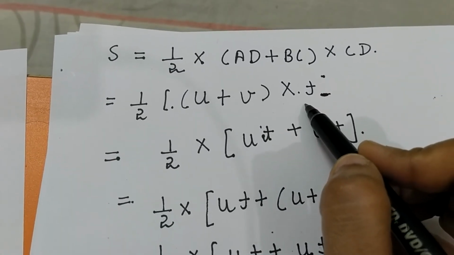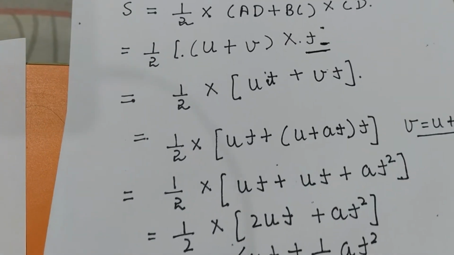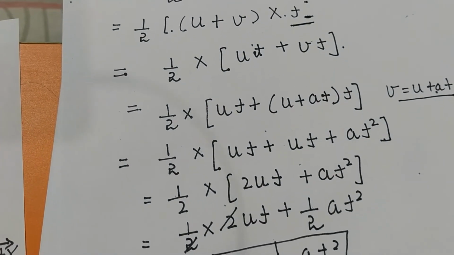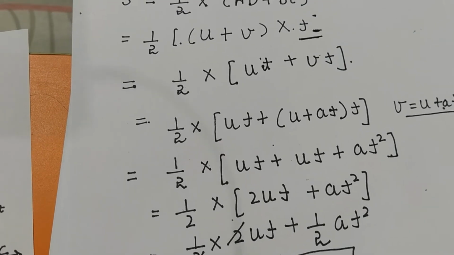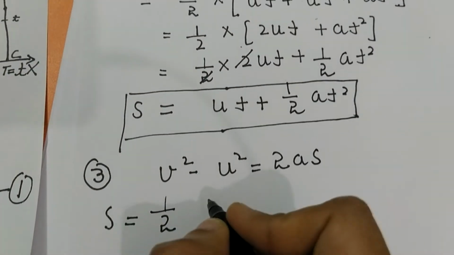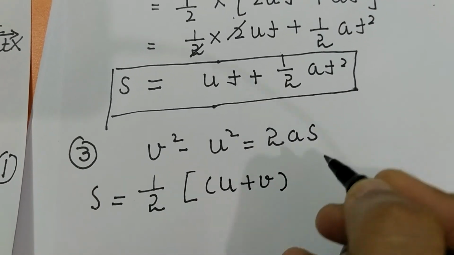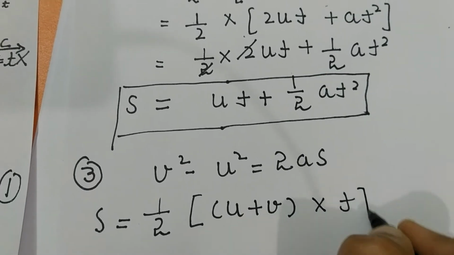So up to this equation, all things will be the same. So we are directly writing this equation: s is equal to 1 by 2 (u plus v) multiplied by t.